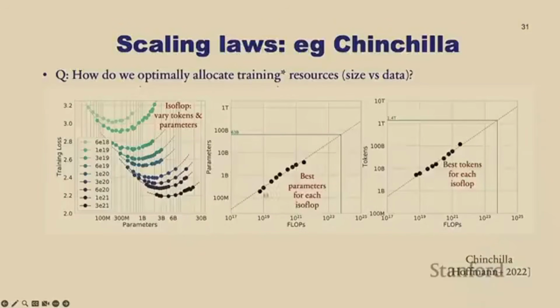So now I have something which tells me if I want to train a model of 10 to the power 23 flops, here's exactly the number of parameters that I should be using: 100B. And you can do the same thing with flops and tokens. So now you can predict, if I tell you I have 1 month of compute, what size of model should I be training? Fit your scaling law, and I tell you.